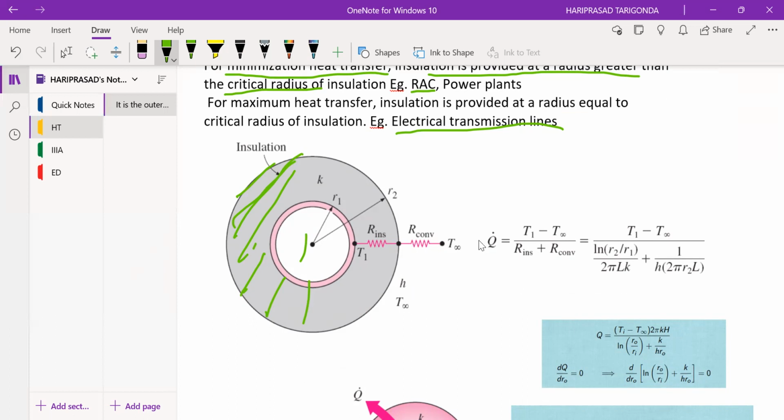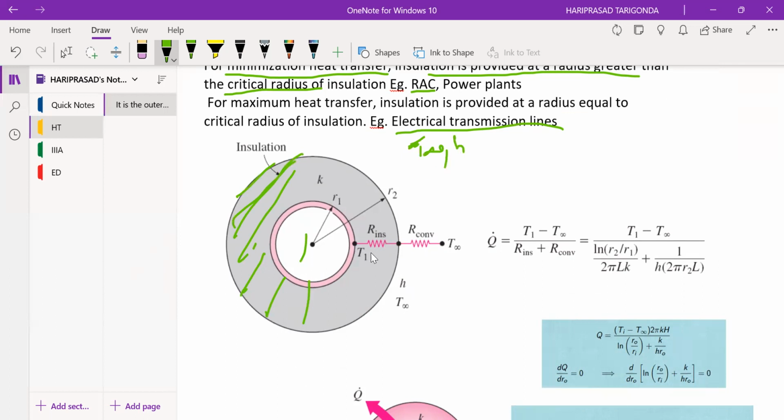T1 and T infinity are the inside temperature and outside temperature. K is the thermal conductivity of the insulating material. Here the insulating material is exposed to the atmosphere, so T infinity is the atmospheric surrounding air temperature. Next, h is the convective heat transfer coefficient.